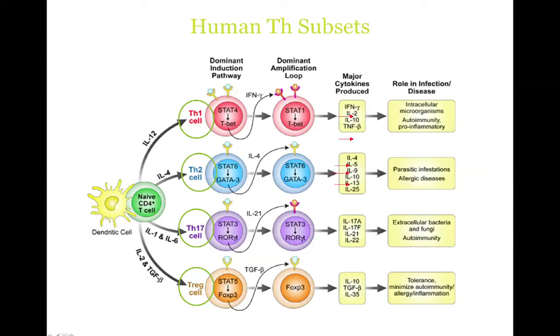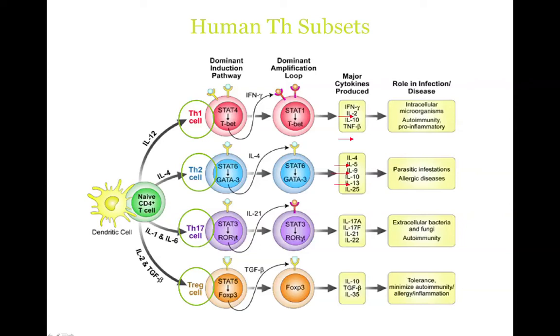They're critical in interacting with other cells, including dendritic cells, which are cells that will transmit antigen to them, and with that an immune memory is obtained. The first cell that we knew about that can cause inflammatory processes is the so-called Th1 cell.